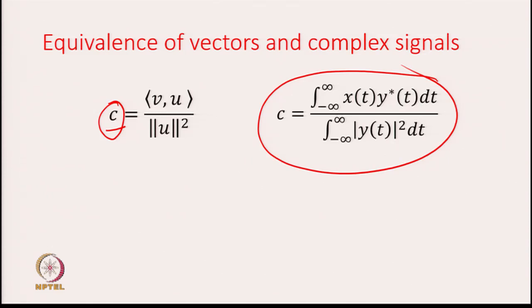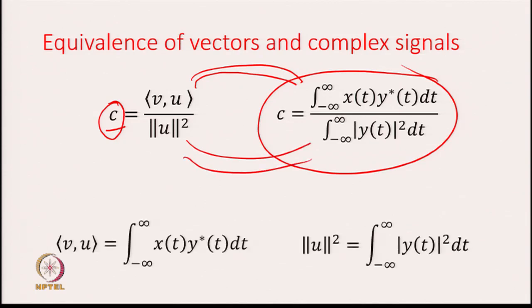And again, if I want to equate these two C's, and think about the equivalence between numerators and denominators, I can get the definition of inner product for signals given by this expression, where the inner product of the signals can be obtained by multiplying a signal with the conjugate of another signal and then integrating this up.